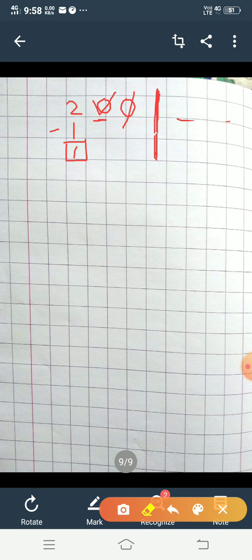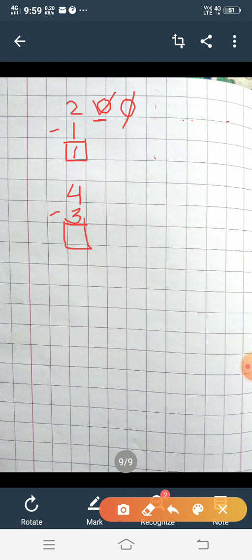Okay, students. Now see, we will take another example. Shall we start with another example? Okay, 4 minus 3. What will be the answer here?